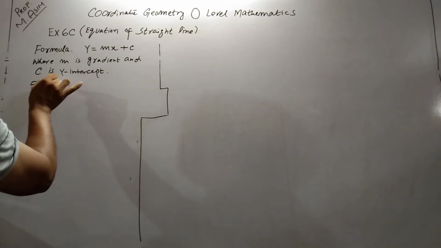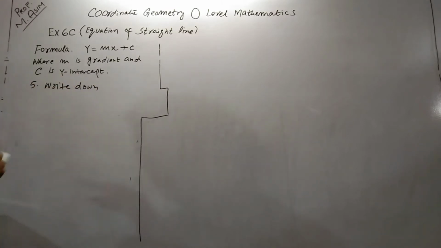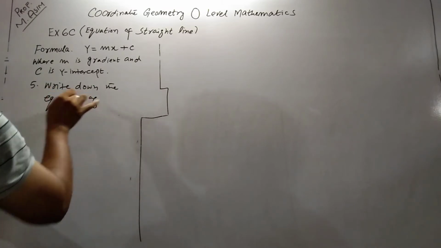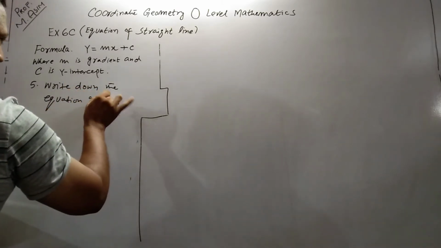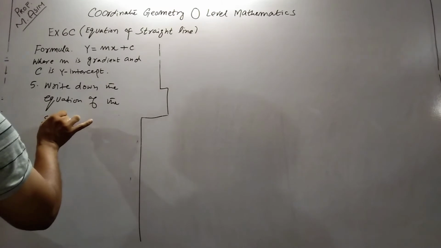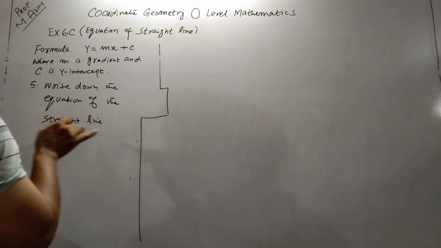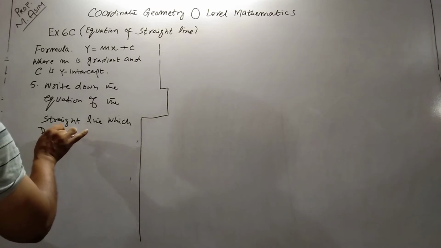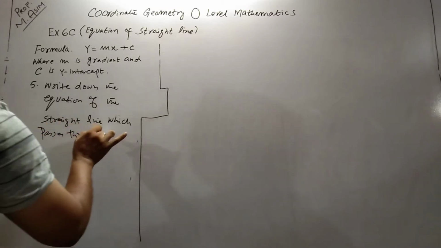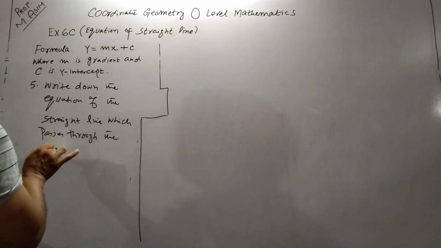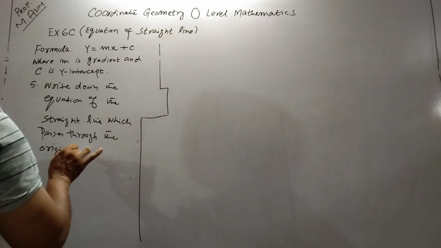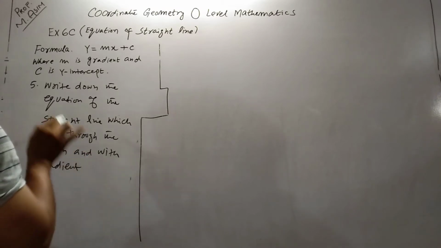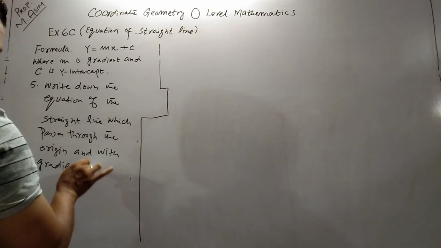Write down the equation of the straight line which passes through the origin and with gradient 2.